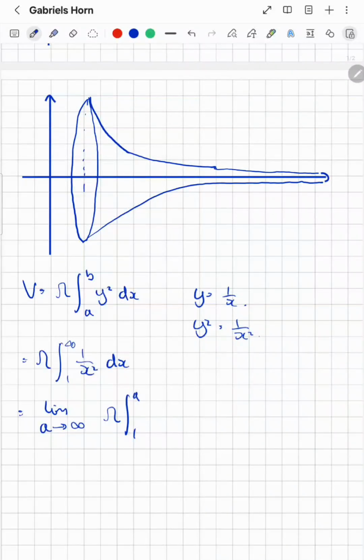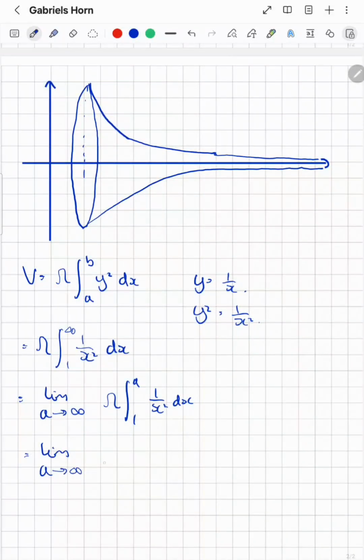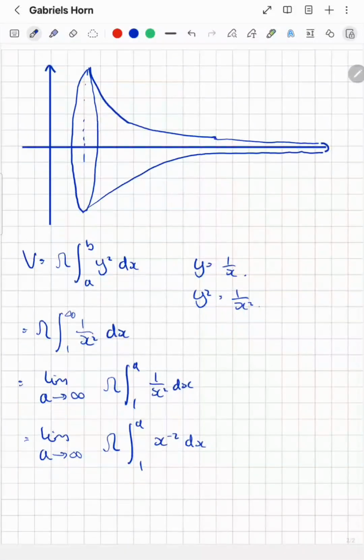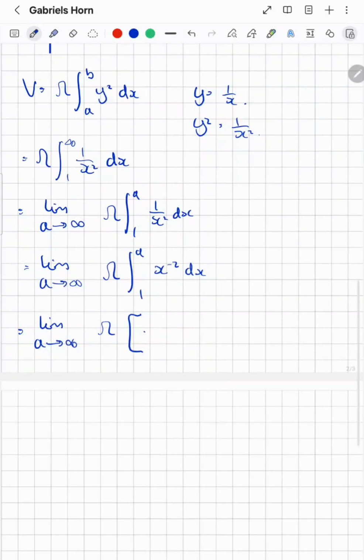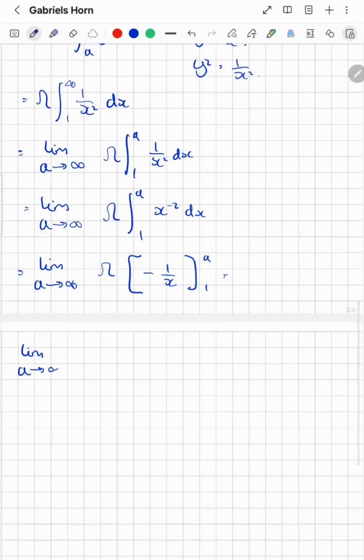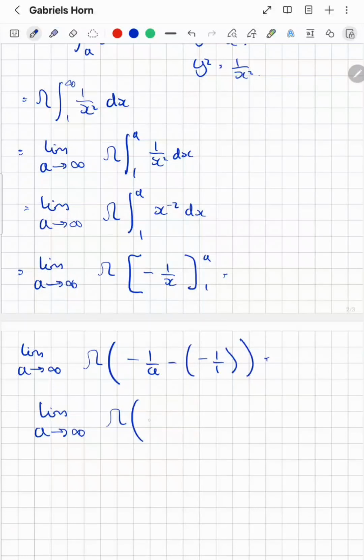So pi between a and 1 over x squared dx, which is the limit of a tending to infinity of pi, the integral of x to the minus 2 dx between a and 1, which is the limit of a tending to infinity, pi, and then when you integrate it, you add 1 to the power, divide by the power, so you get minus 1 over x, between a and 1, which is the limit of a tending to infinity, so pi multiplied by minus 1 over a minus 1 over 1, which is the limit of a tending to infinity pi multiplied by minus 1 over a add 1, which is pi.